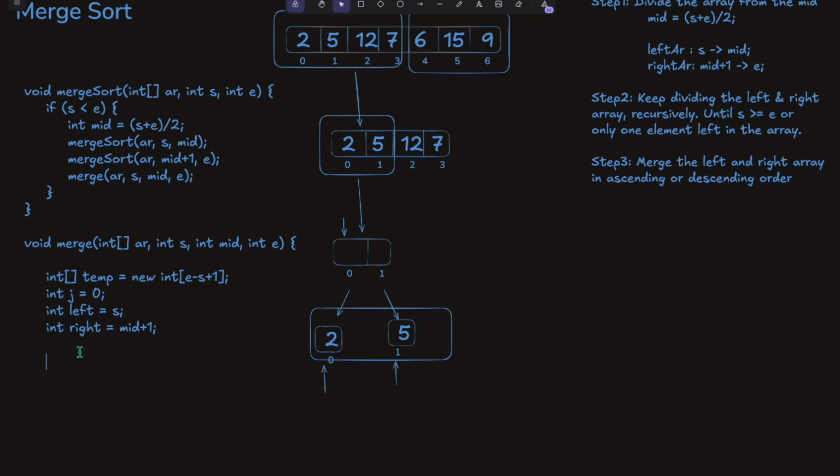Okay, so what I will do here, we will write one condition: if array of left, so this is nothing but the left pointer, right? If it is less than or equal to the right array, then in that case we will place it.